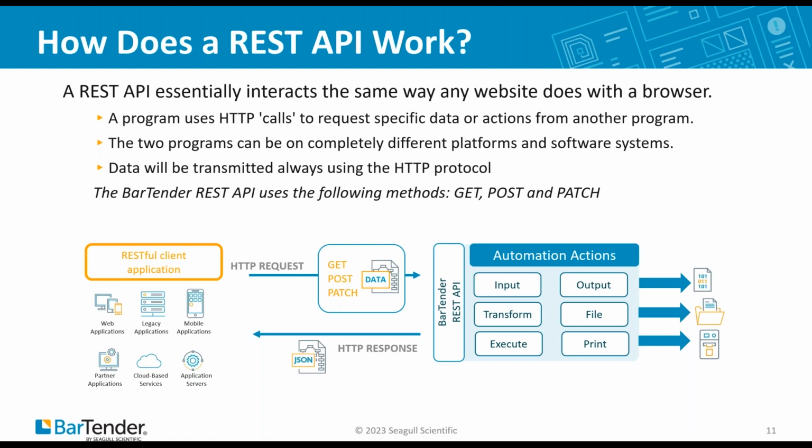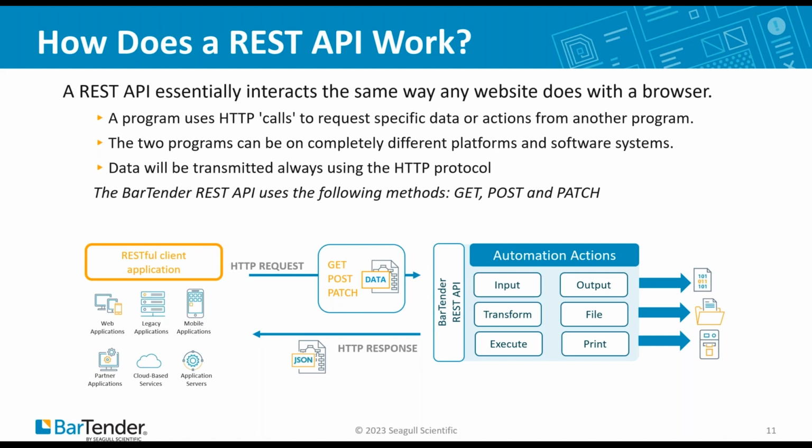That system says, oh, I need to have these labels printed with this data, or I need to have these labels printed and I need BarTender to go and get this other data. All of that information and data is put into a standard web service request, the same kind of thing that your browsers are doing, and it gets sent.